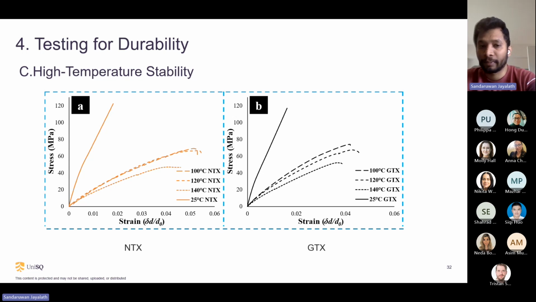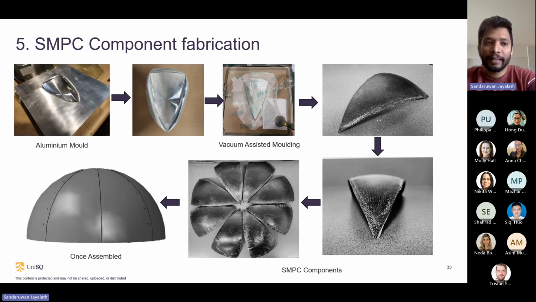And finally, when it comes to the shape memory polymer component fabrication, this is the current stage of the research now. We have designed and fabricated this aluminum mold for vacuum assisted molding.